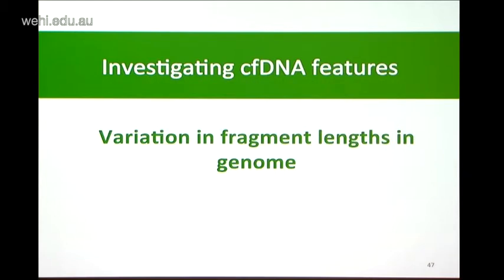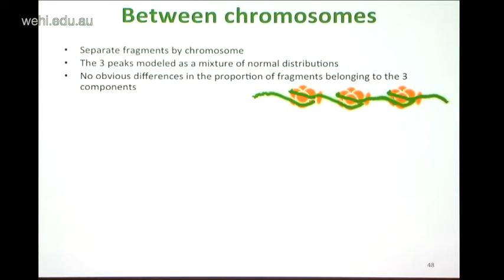Those profiles I showed you before were genome-wide profiles. Now we wanted to see whether there was a variation in fragment length in the genome, whether long fragments came from certain specific regions as opposed to short fragments, etc. So first of all, we looked between chromosomes.